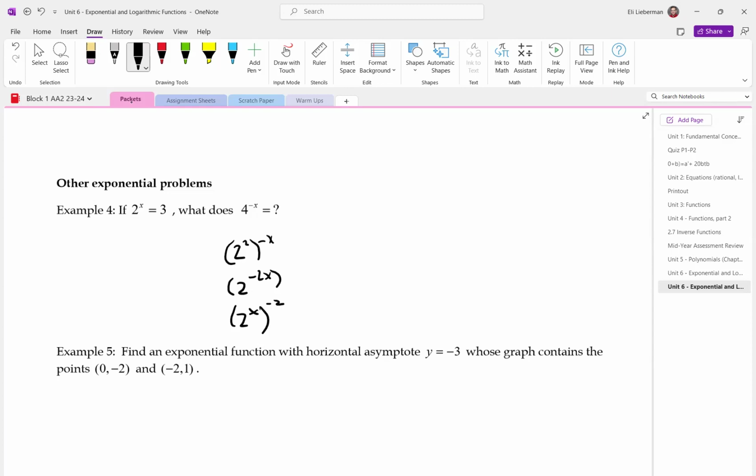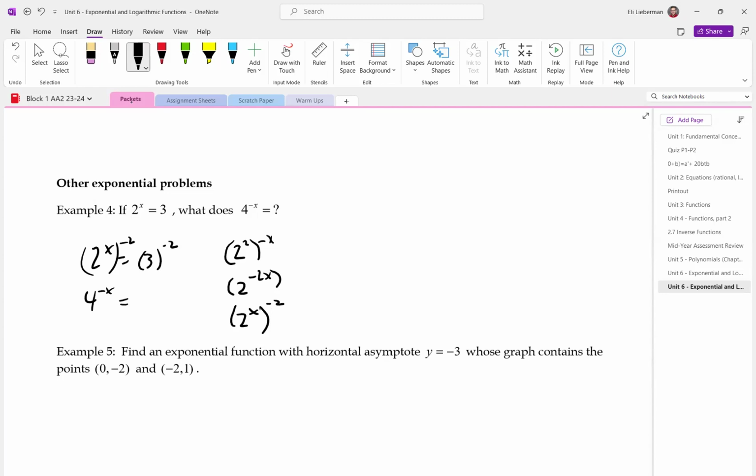Raise them both to the negative second power. Right, if I start with this, raise to the negative second power, don't I have 4 to negative x on the left? And on the right, I have.